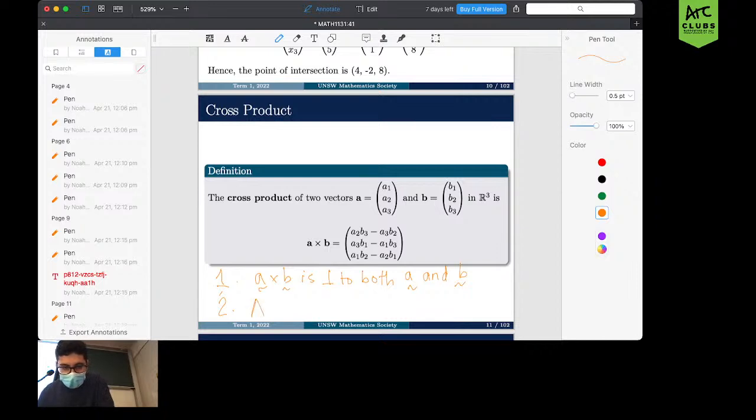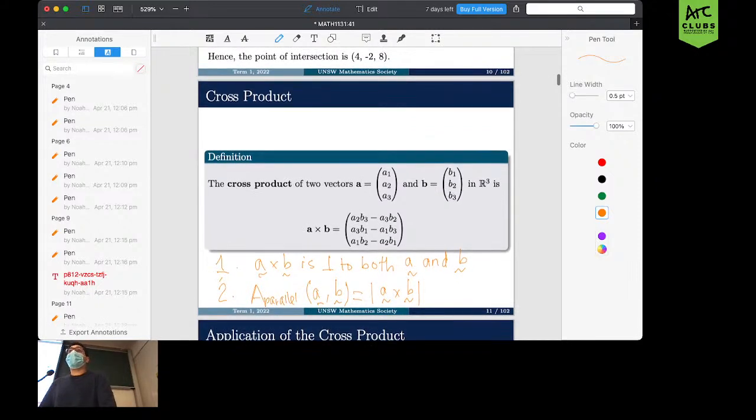So that's the area of the parallelogram spanned by vectors A and B, and that's going to be equal to the magnitude of the cross product. The proof is quite rigorous, but you don't have to know it in the courses 1131 and 1141. However, it's an interesting property, and we might be able to apply it in certain questions.